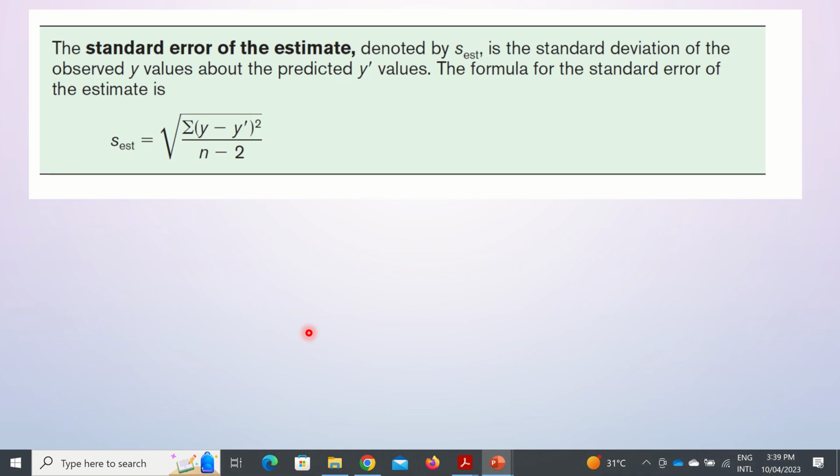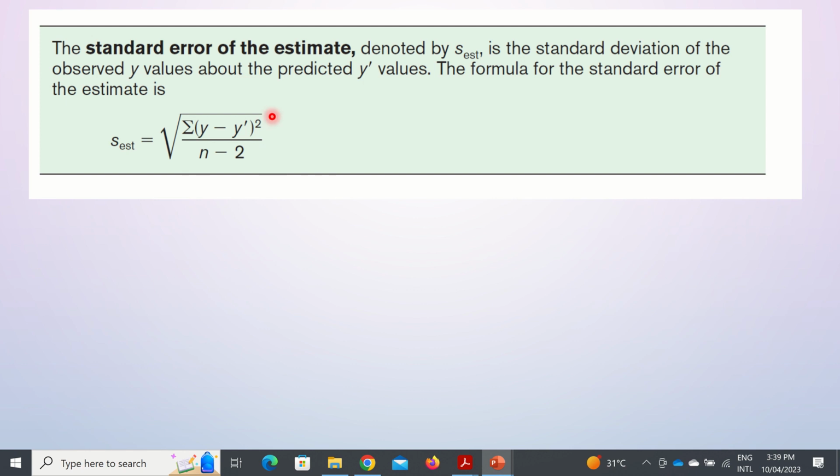The second part was the sum of the residual squares, which was termed the unexplained variation. The standard deviation of the unexplained deviation is known as the standard error of estimate. So the standard error of estimate is the square root of the summation of (y minus y dash) squared, divided by n minus 2.